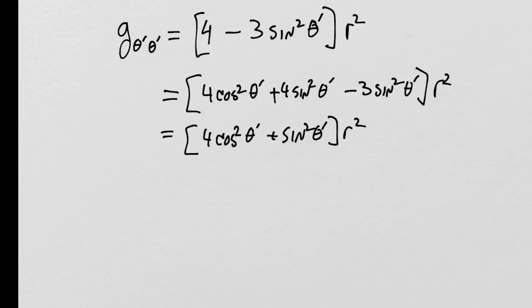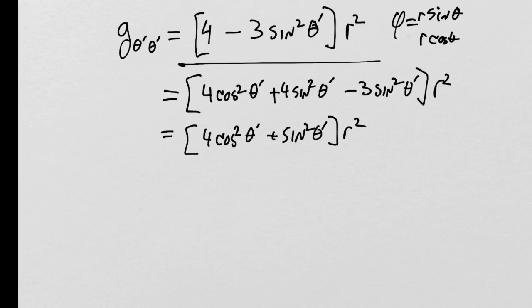So this new version of the metric, remember, this metric was using phi as, what was it? Wasn't it r sine theta and r cosine theta? So this is the flat circular pullback, the pullback of the Euclidean metric using this circular transfer function. That's what this thing actually is.